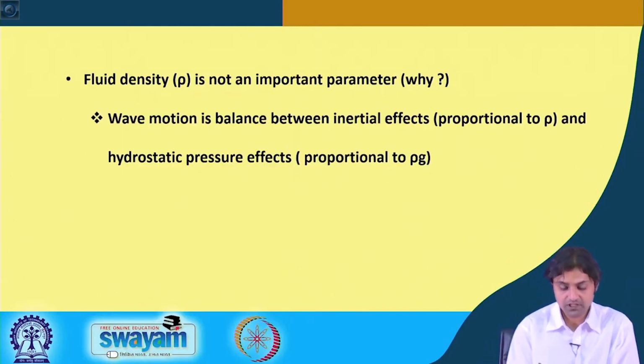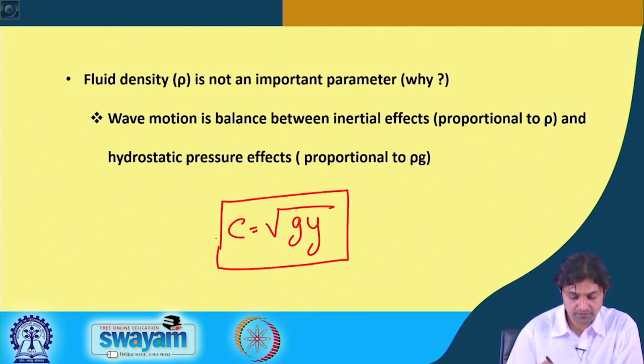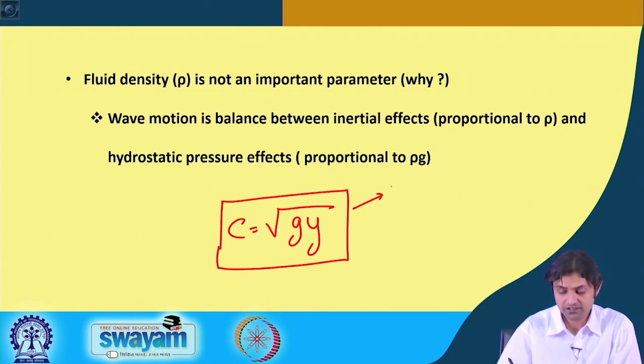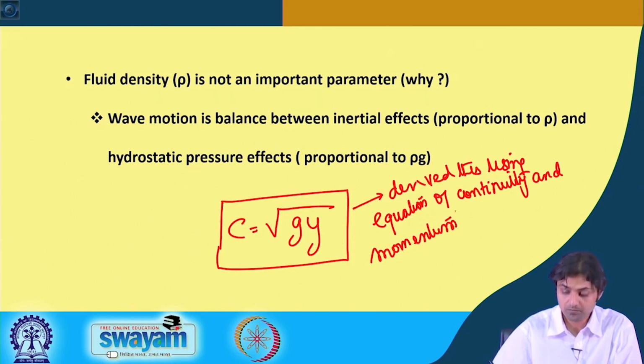So, one important result that you must always remember is c is equal to under root g y, and we had derived this using equation of continuity and momentum balance.